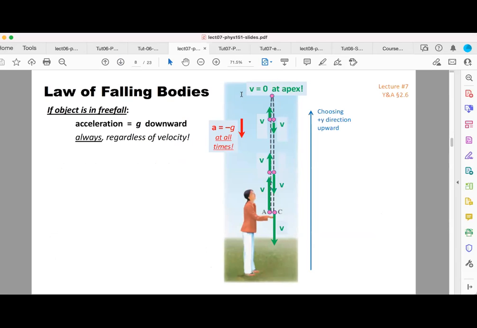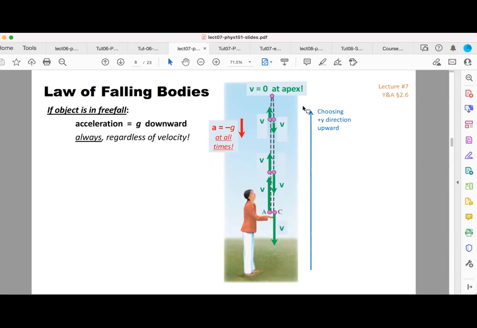The acceleration is constant during the entire path and is all the time going downward. That's why we call it minus g. If we consider going up the positive direction, then the acceleration is minus g, minus 9.80, okay?